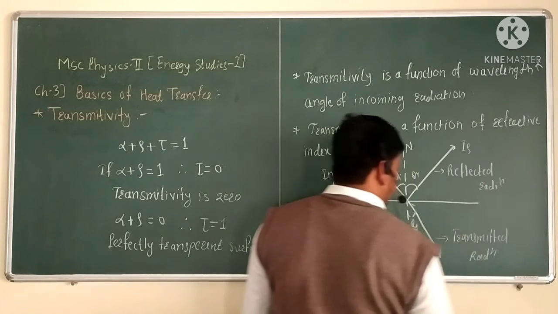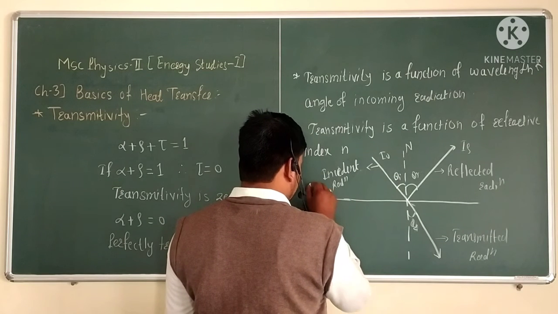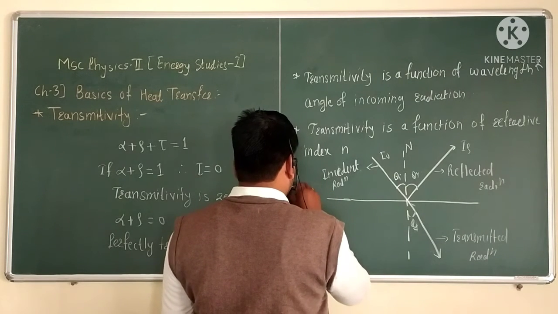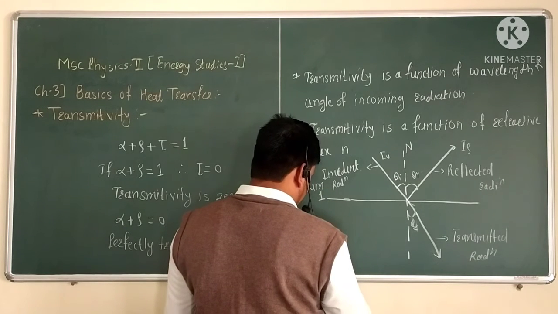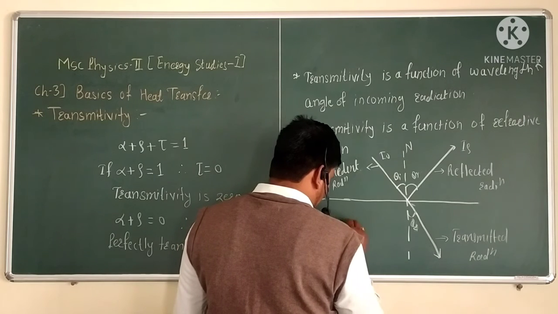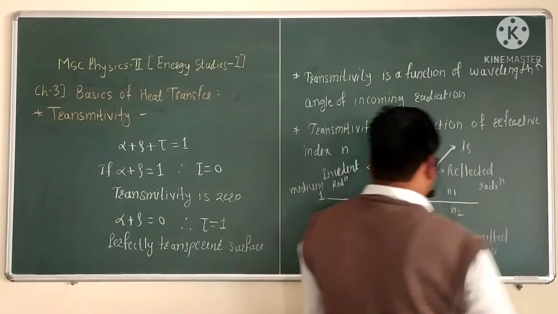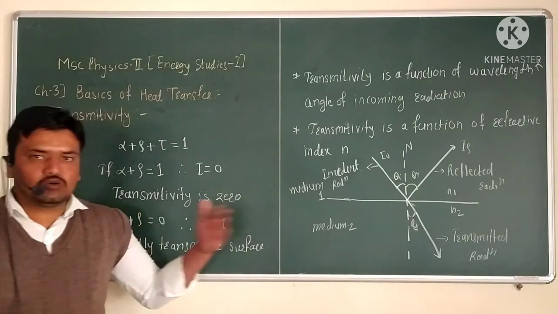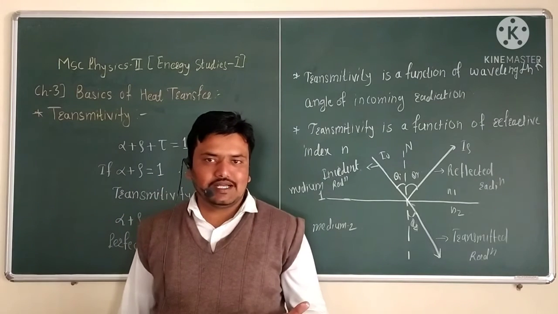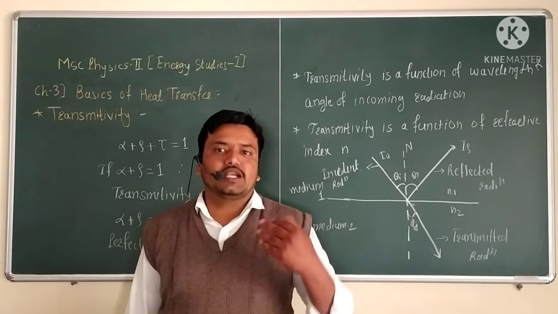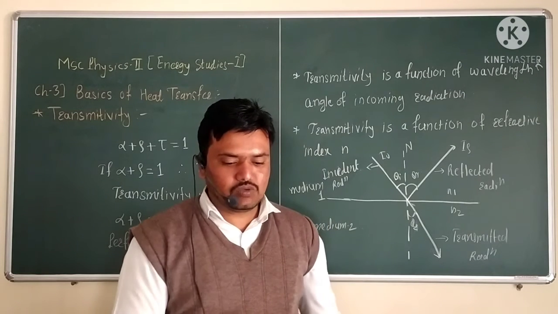For example, the first is medium 1 with refractive index n1, and this is medium 2 with refractive index n2. So this is the general idea of what is meant by absorptivity, reflectivity, and transmittivity. Now the next point we want to start.